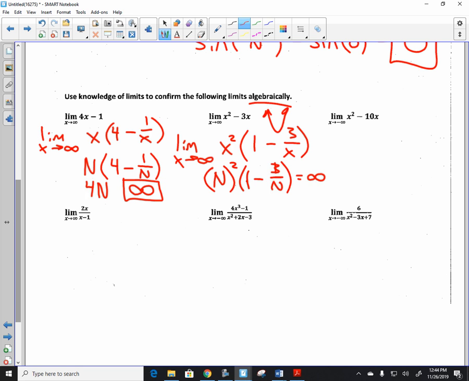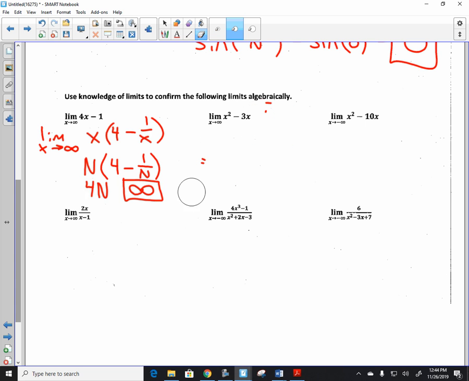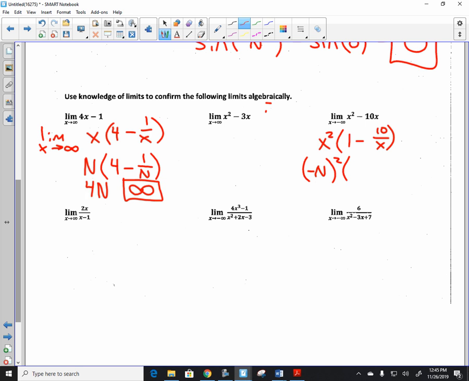What's different about the next example? You're going to negative infinity. So I can factor out the x squared, and I'm left with what? Look at what happens here. I take a very large negative number and square it, times 1 minus 10 over a very large negative number.